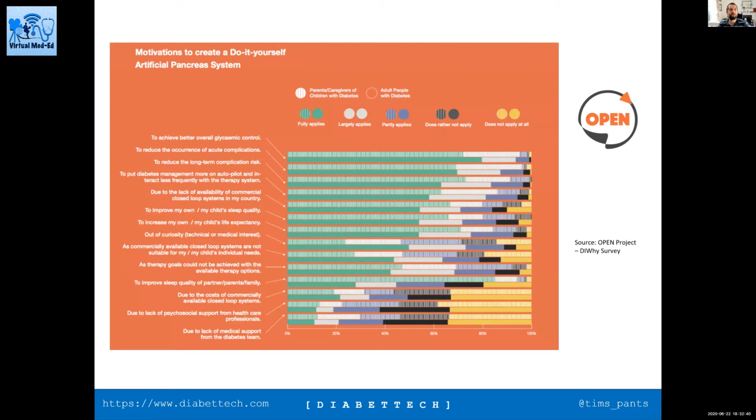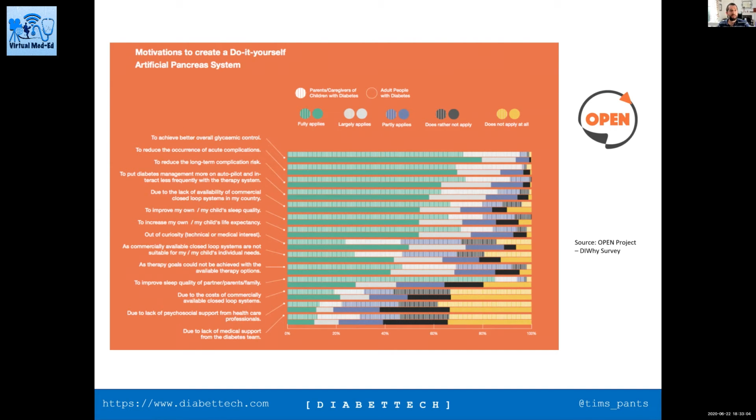For adults in general, the biggest scores go to achieving better glycemic control and reducing the occurrence of acute complications, followed by putting it into autopilot. But actually, putting it into autopilot is a bigger deal for parents, and as big a deal for parents as achieving better overall glycemic control.